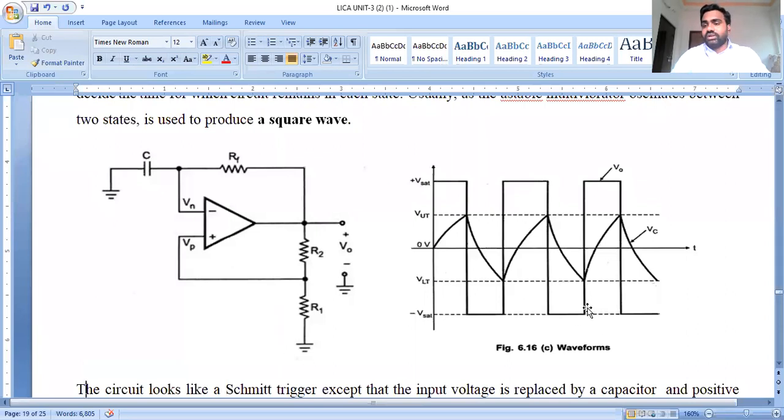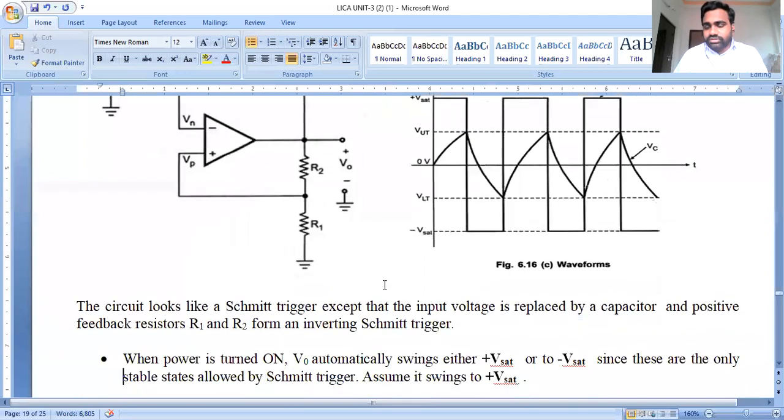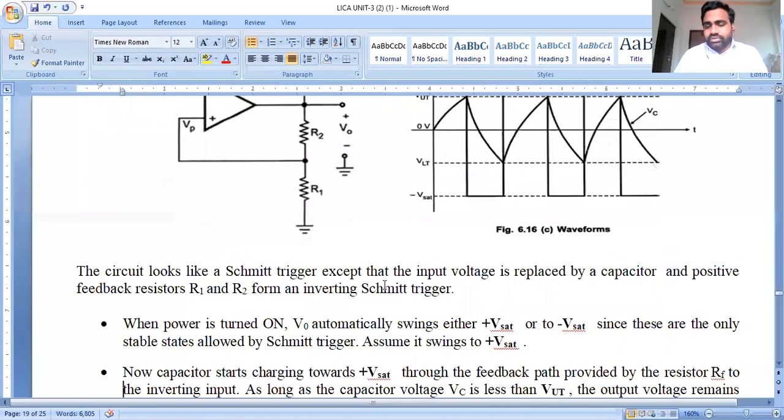What we analyze from this waveform of an astable multivibrator is that the output voltage is oscillating from positive saturation to negative saturation and back, depending upon the capacitor charging and discharging through the feedback resistance. That is what we analyzed with respect to our circuit configuration.